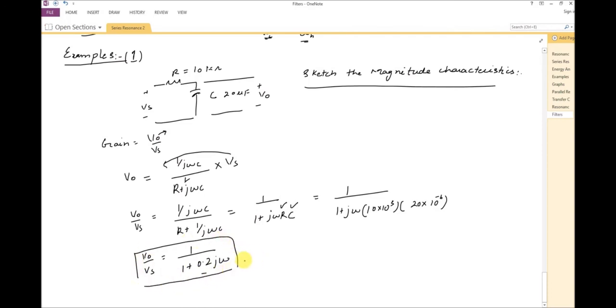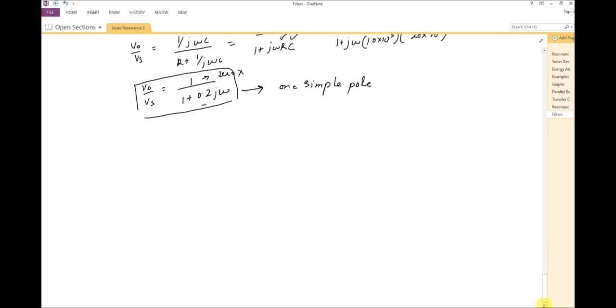So in the transfer function we only have one simple pole. There is nothing in the numerator, so we don't have any zeros. We only have one polynomial in the denominator, and the term in the denominator is a pole. So this is a simple pole.